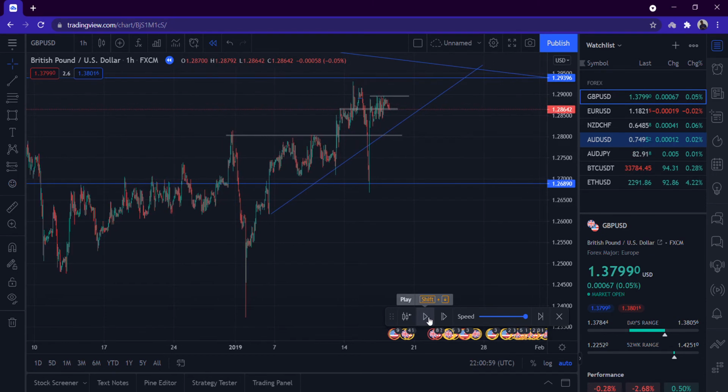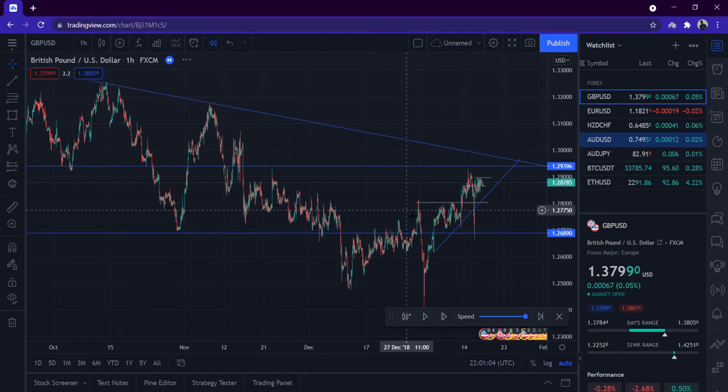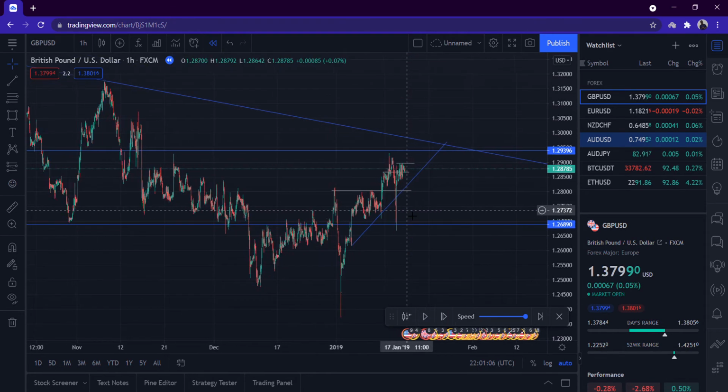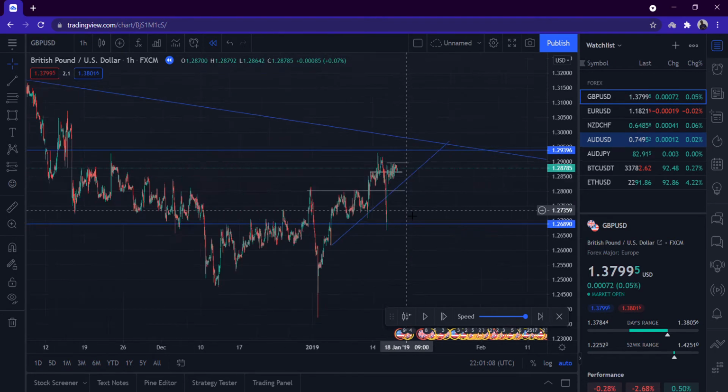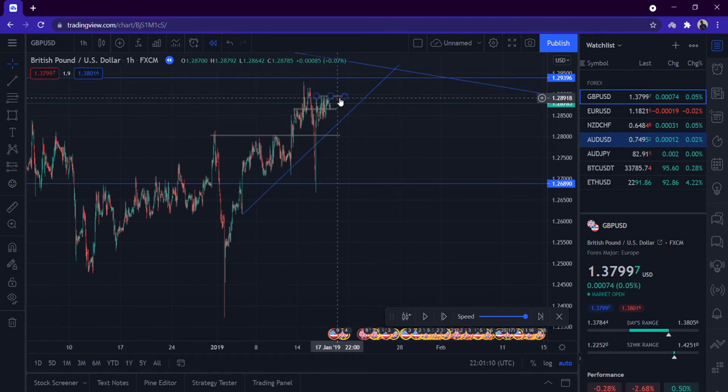So it's in a consolidation period right now. So I'm looking to go long on this trade, in case it breaks the support level, this resistance level. I'm looking to go long.